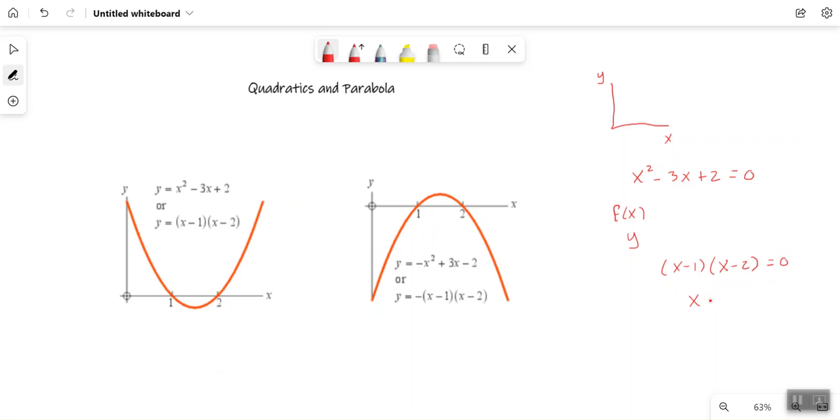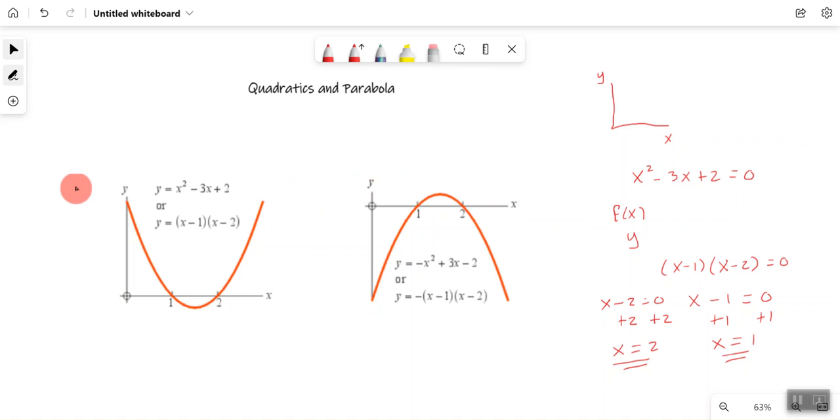So x minus 1 is equal to 0, and then we add 1 to both sides, and x is equal to 1. The same we can do for this one here. x minus 2 is equal to 0, and we add 2 to both sides, and then we have x is equal to 2. These two values are the roots for this quadratic.